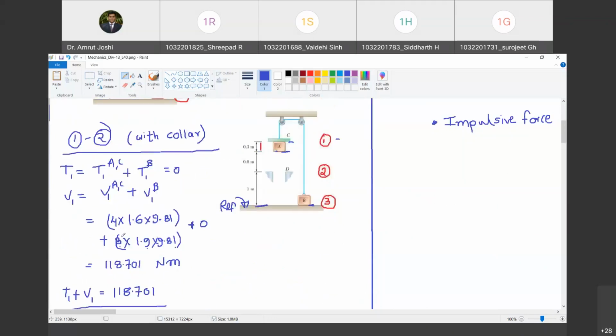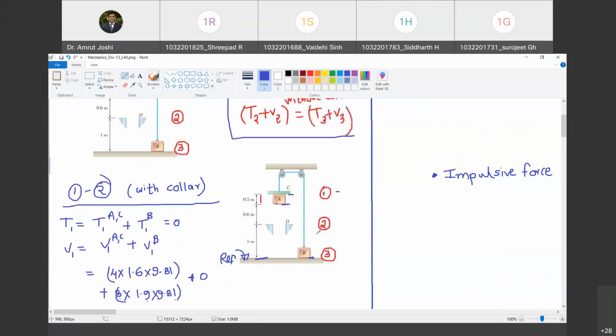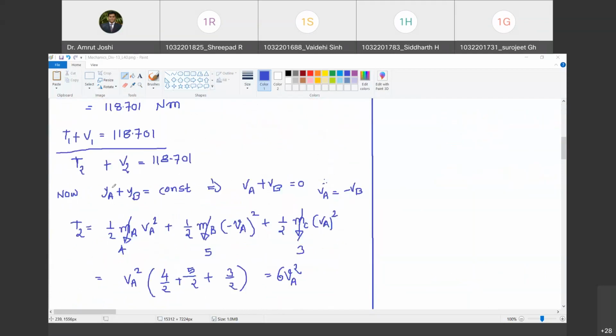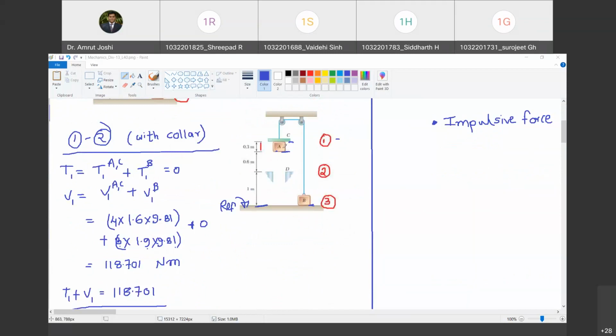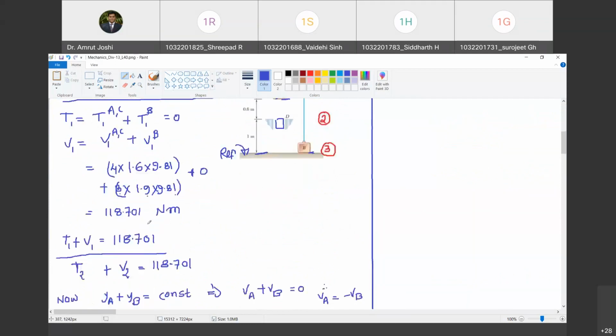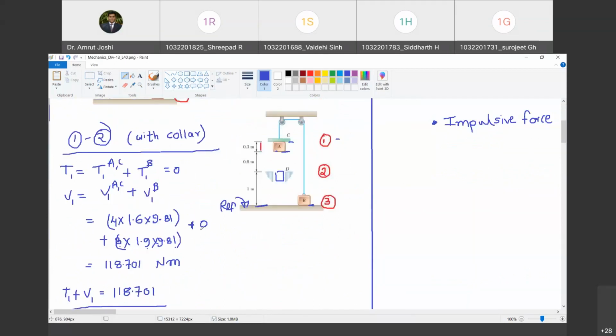Now let us write down T2 plus V2. What is position number 2? Position number 2 corresponds to the block occupying this position, and the collar has just touched the floor at D. So the collar is just about to get arrested.